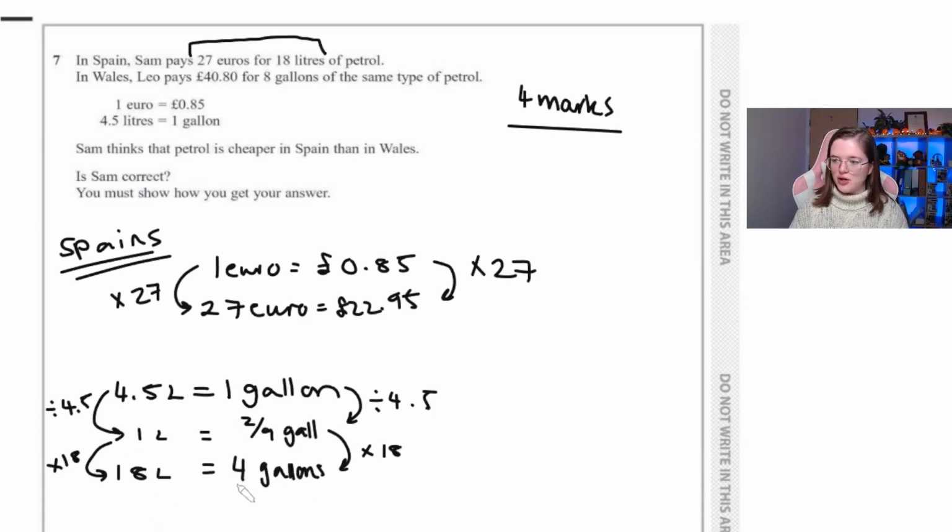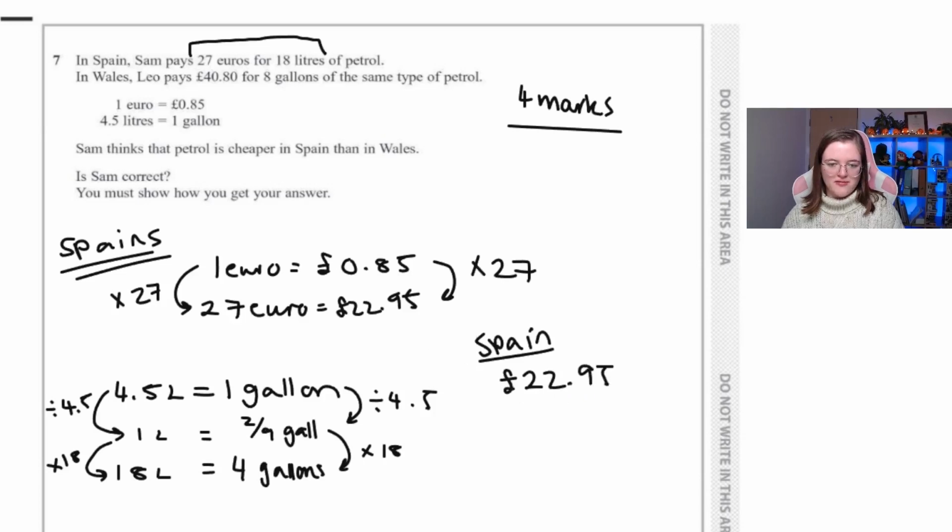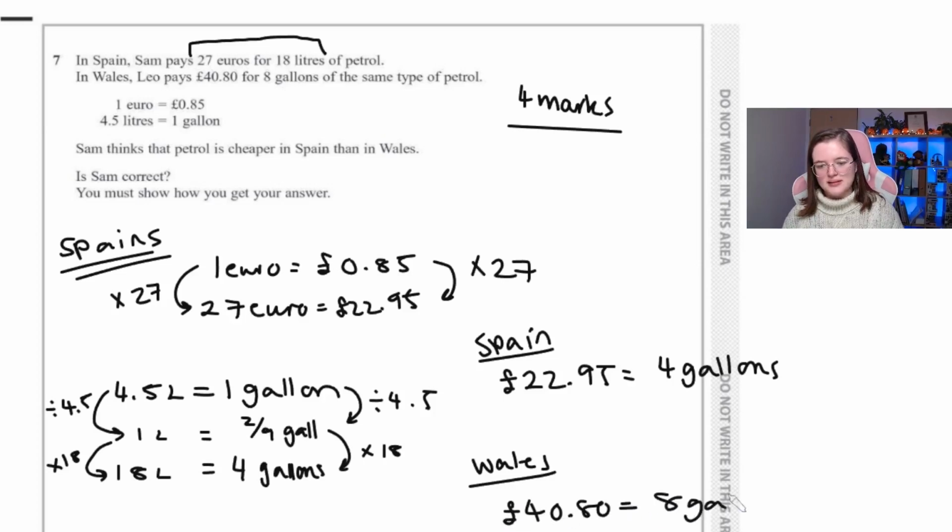Okay, so now I know that in Spain we have €27, so actually we have £22.95, being 4 gallons of petrol. In Wales, with Leo, we know that £40.80 is 8 gallons.